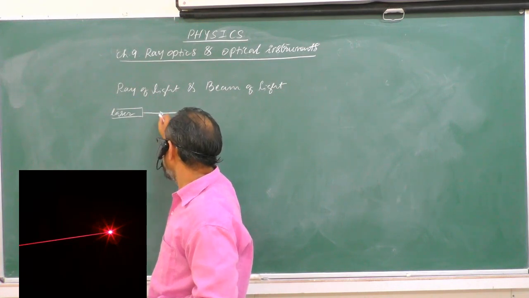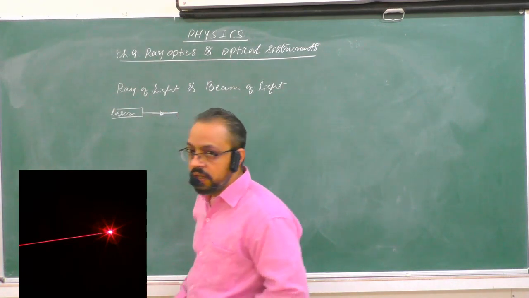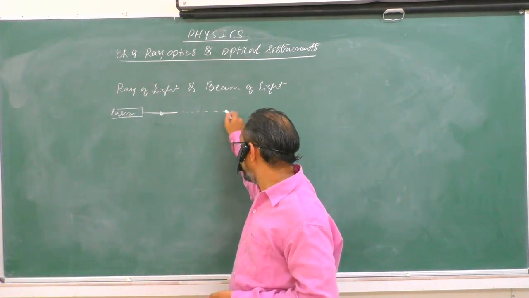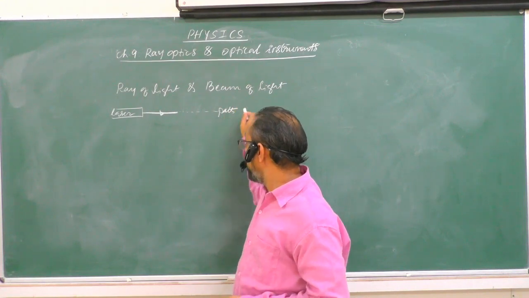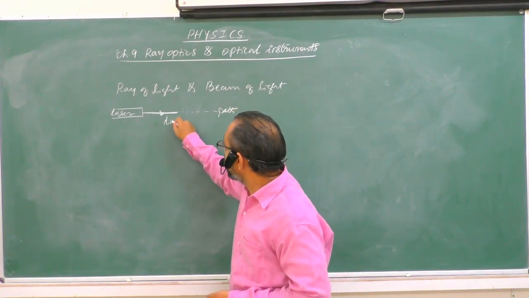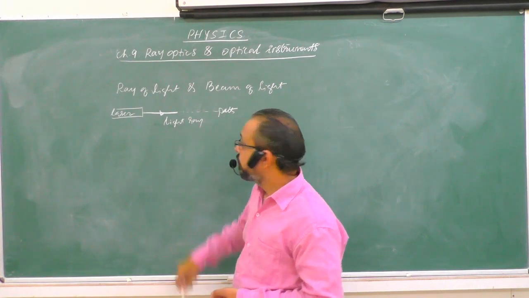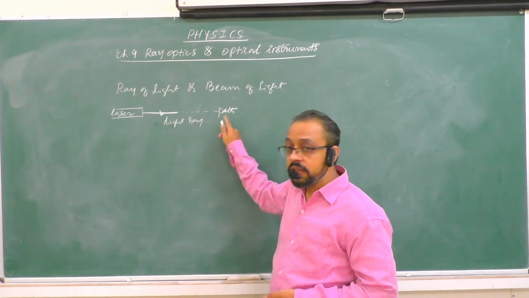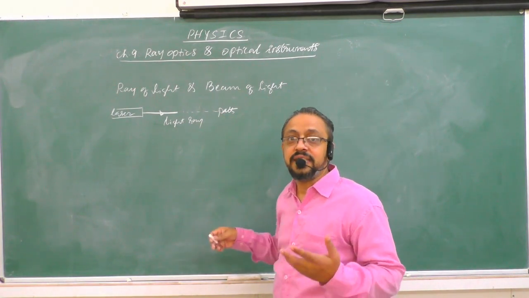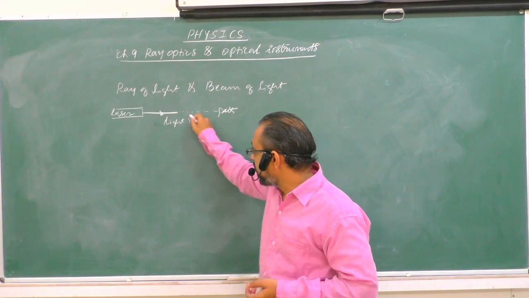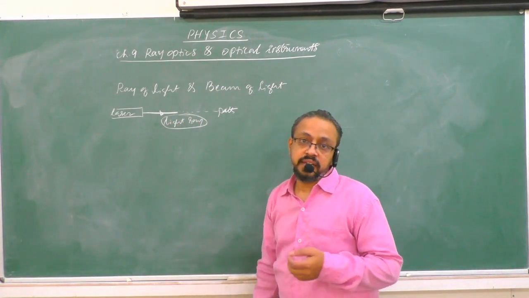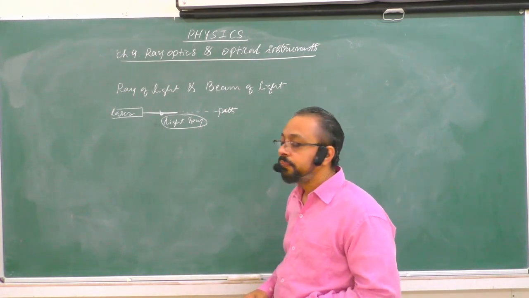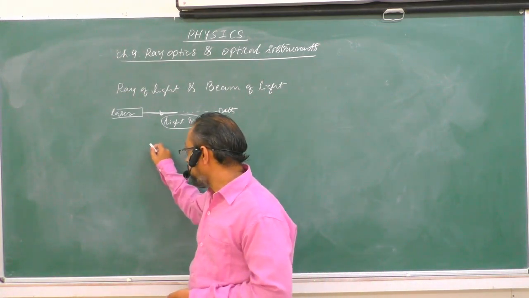Such a laser pointer sends a particular pointed light. That path I can call a light ray. Briefly, it is nothing but the path of light. The path of light is usually called light rays: a singular light ray and multiple light rays. Now I have to talk about beam.